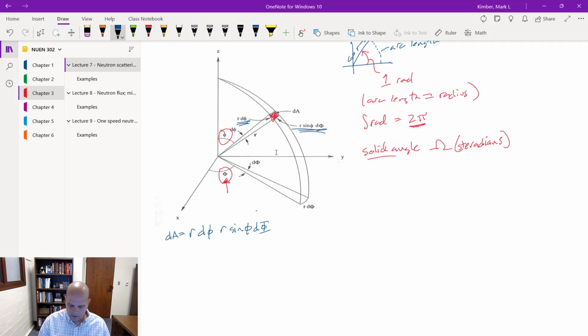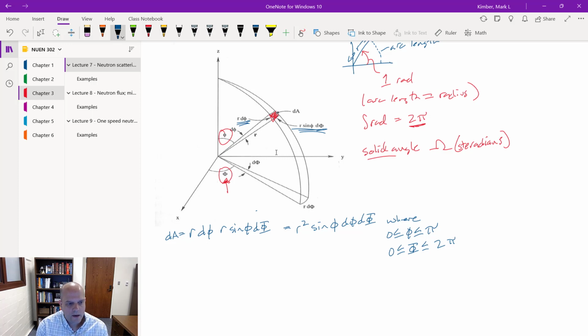And that's going to equal r squared sine phi d phi d capital Phi. That's what that infinitesimal area is represented by. The domain here is going to go from 0 to pi in phi, just like we've done before, and then from 0 to 2 pi in the azimuthal angle direction.